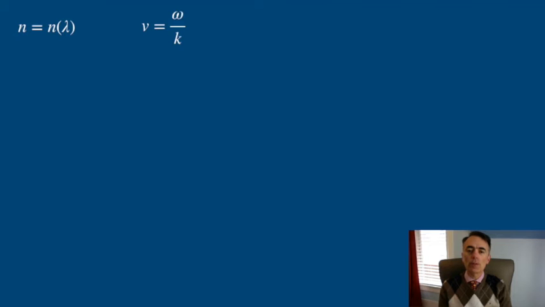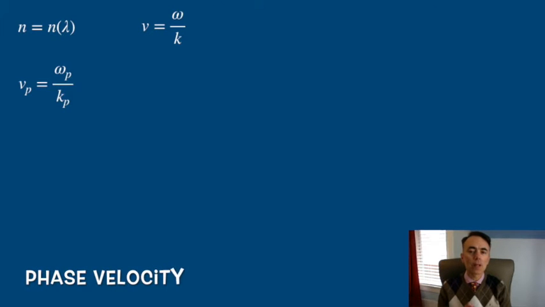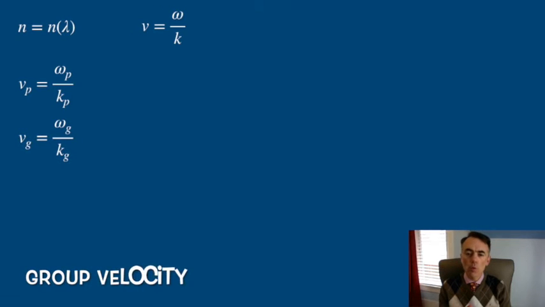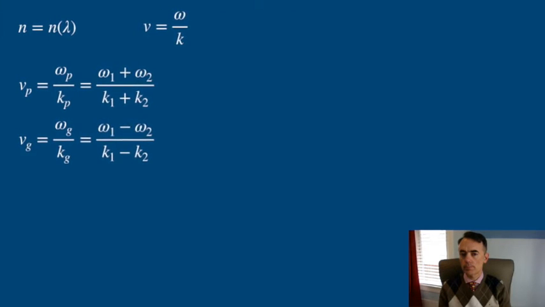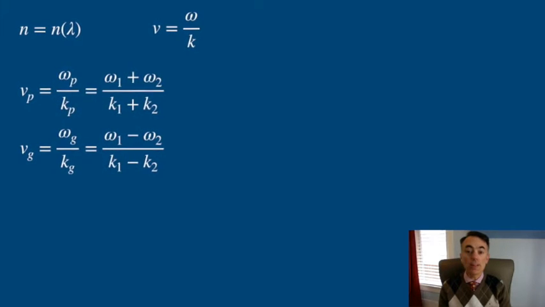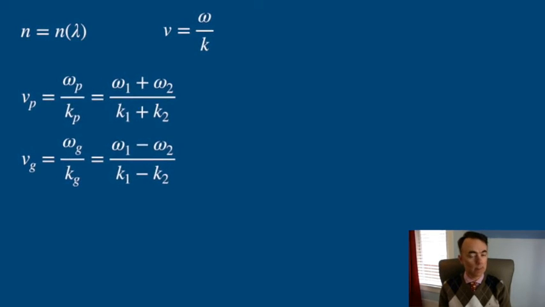Using the relationship between velocity, angular frequency, and wave number, we define the phase velocity as omega sub p over k sub p, and the group velocity as omega sub g over k sub g. These names will be clear in a while.